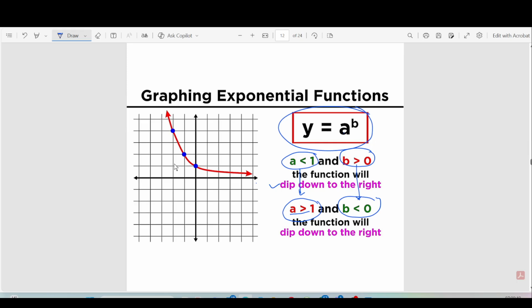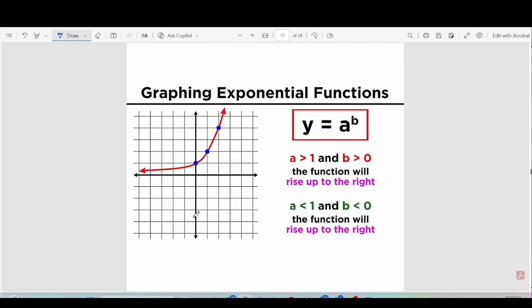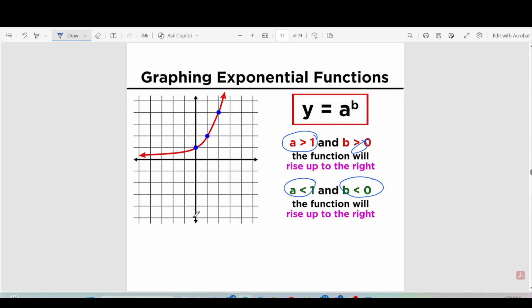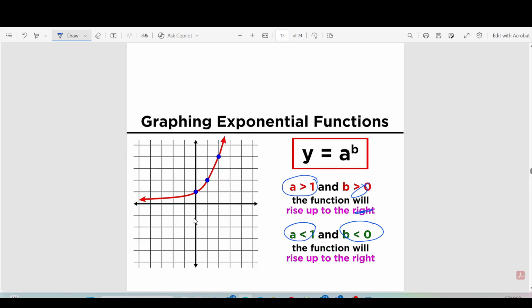In both cases, it will dip down to the right. You can see it is going like this, and towards the right it is dipping down, right? If it is opposite, if both of them are greater than 1 and 0, or less than 1 and 0, then it tips to the right. I mean left, it should be left, right?